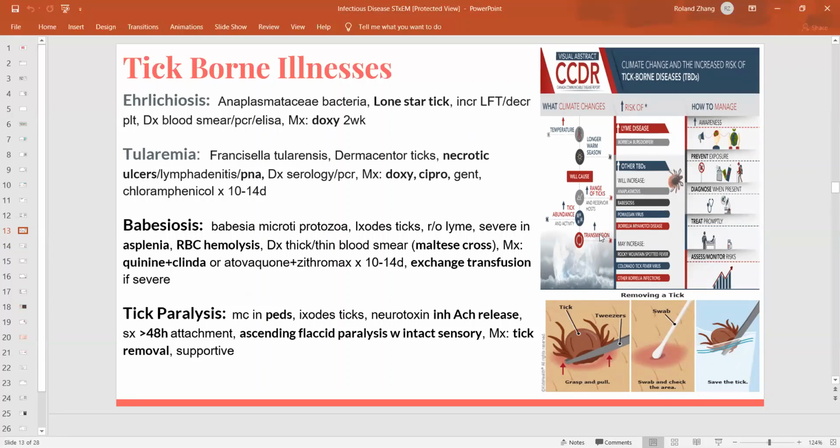So remove it at the head and put it in a bag, and look at it to see what kind of tick it is and whether it's Lyme or Rocky Mountain spotted. And then you treat the local bite with antiseptic, and topical antibiotics, and maybe even an antihistamine to help with the swelling. Next slide.